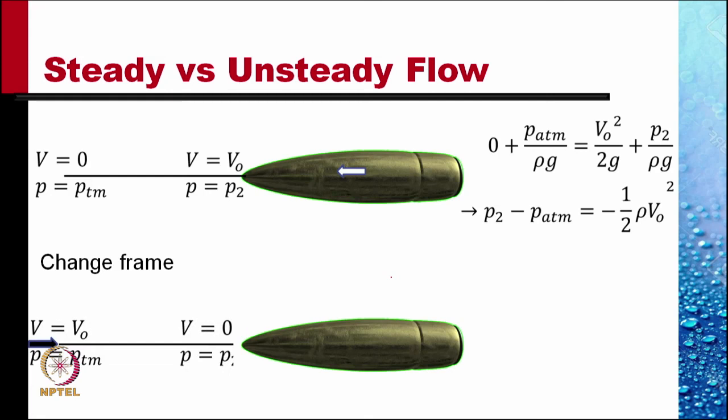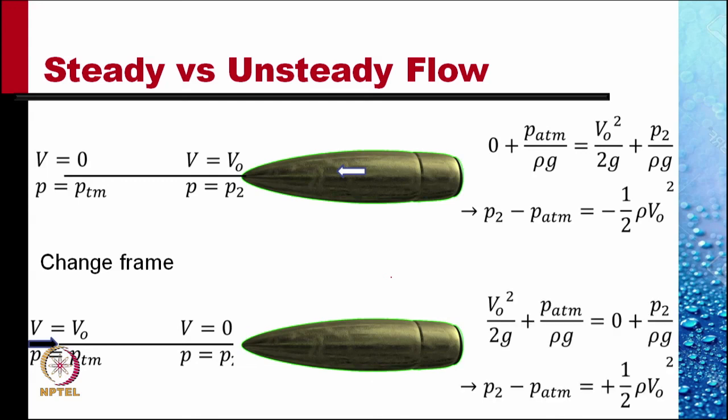Then far away the velocity is V naught towards the projectile, pressure is P atmospheric. At the nose of the projectile the velocity is 0 and the pressure is given by Bernoulli equation now as P2 minus P atmospheric is equal to 1/2 rho V naught square, positive. This is the correct solution.